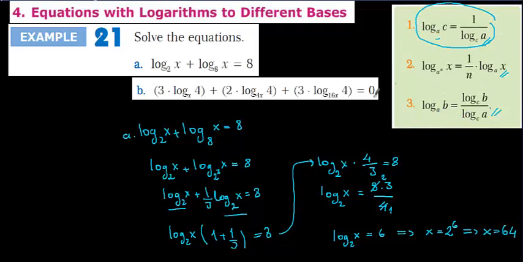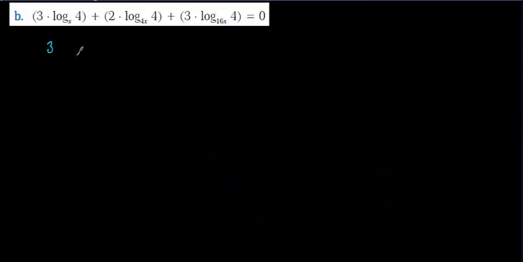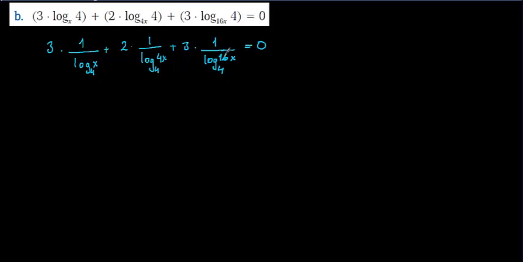It's going to be 3 times 1 over, we switch the base and the argument, logarithm base 4x, plus 2 times 1 over logarithm base 4x, plus 3 times 1 over logarithm base 4 of 16x this time is equal to 0.